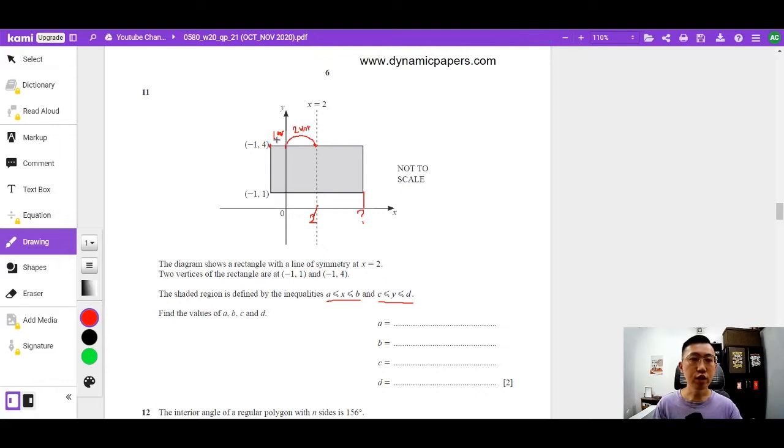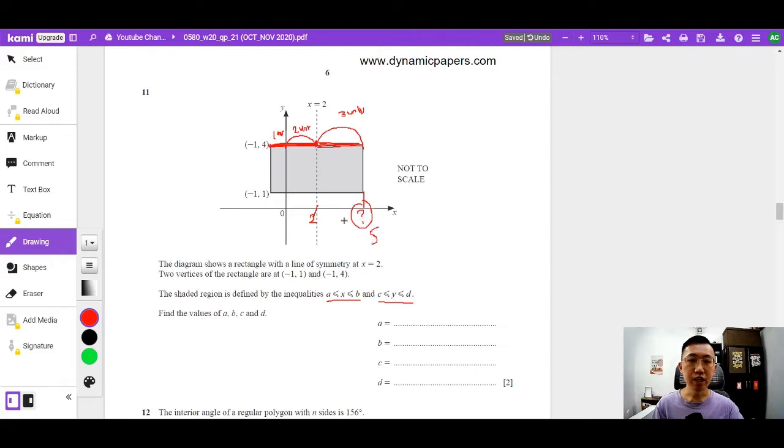What you can see right here is the symmetry, or exactly half, will be 3 units. Then I have to add another 3 units towards the right to get my missing value. So from 2, add another 3 more units. So you know this value is actually 5.